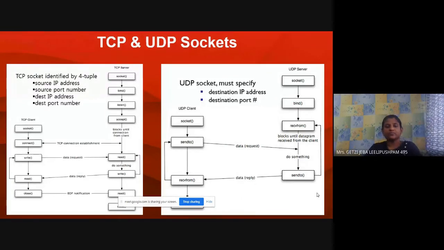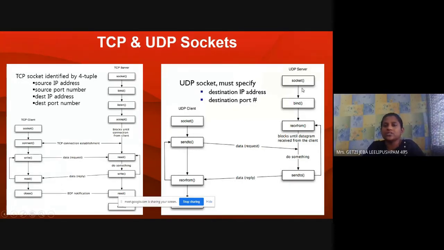Now, what is the difference between sockets? Whenever I say sockets, how about the TCP socket? How about the UDP socket? You see, the UDP socket is very simple. You just create a socket using the socket function, and then you use bind, to get the information from the client.